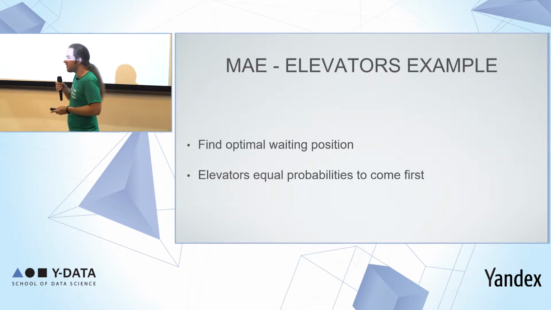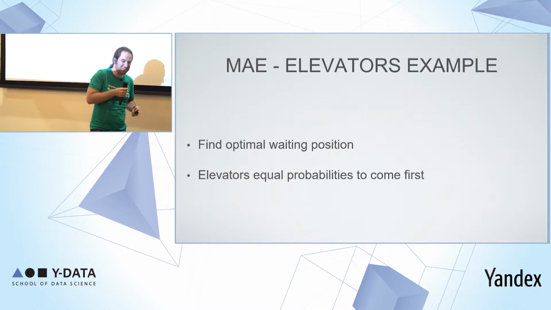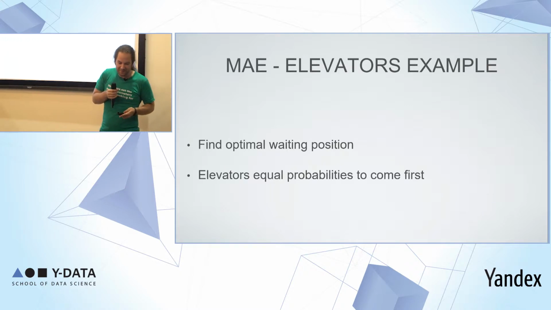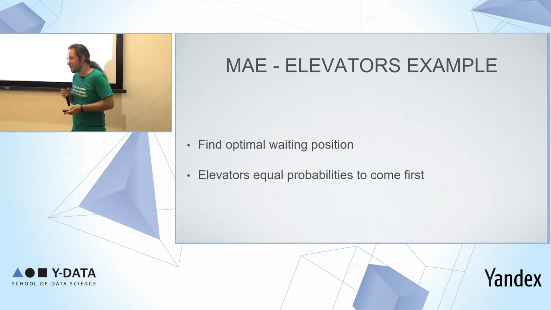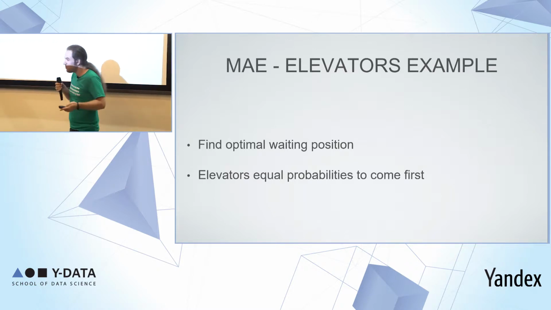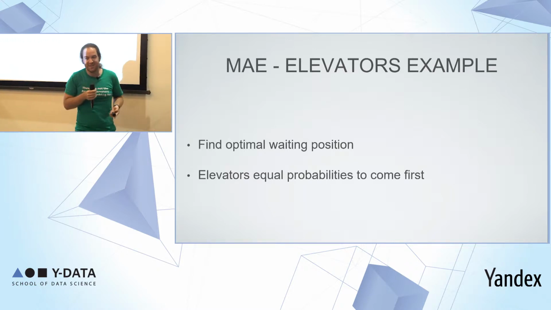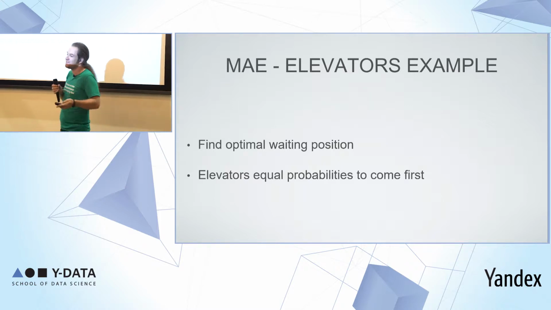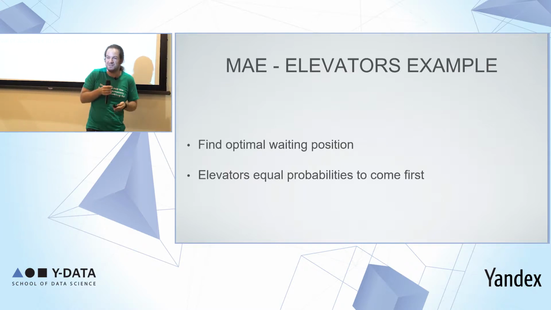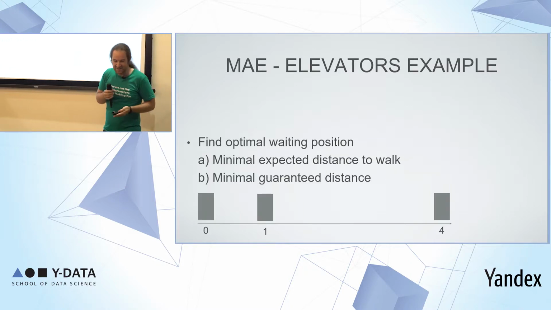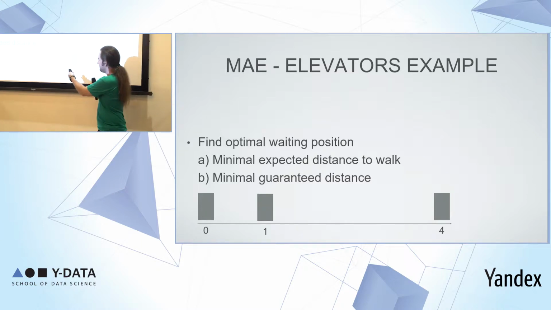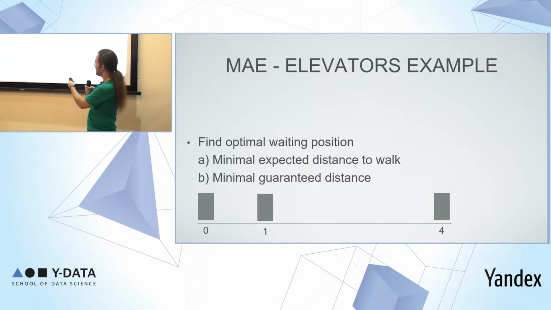So first of all, I want to start with a simple problem, just to warm up. Imagine you are in the hall and you have several elevators, and you need to find the optimal position to wait. You know that any elevator can come with the same probability, and their positions are like this.